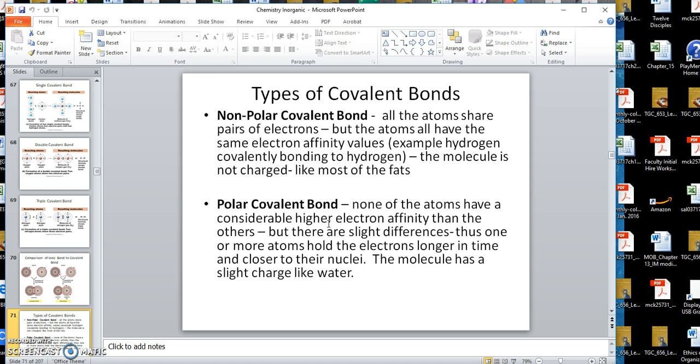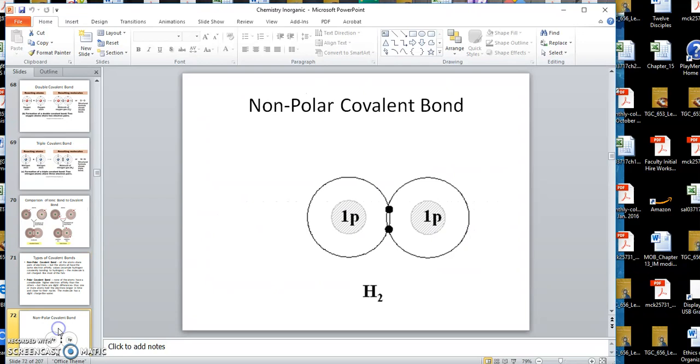The polarity is that the side that holds the electrons more often will be more negative because electrons are negative, and the other side will be more positive. That's what we call polar, because it's having these poles. So here would be a nonpolar, equal sharing, like H2.